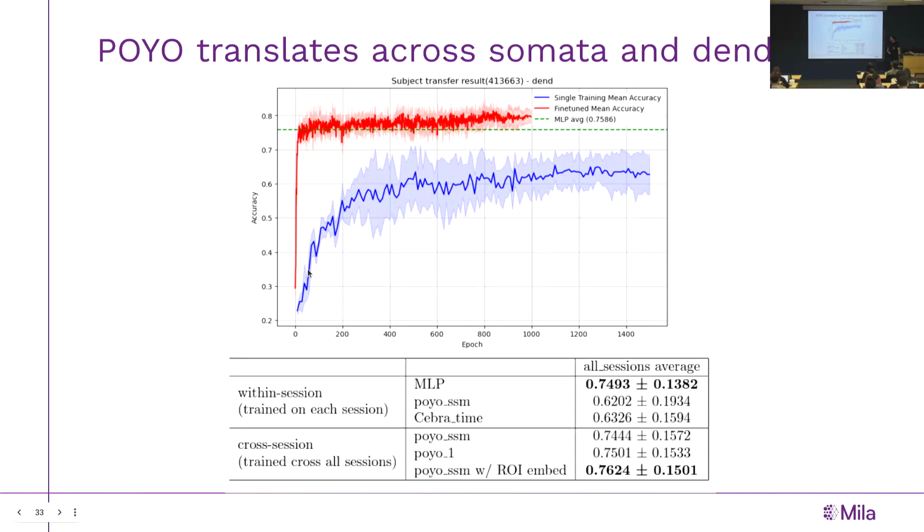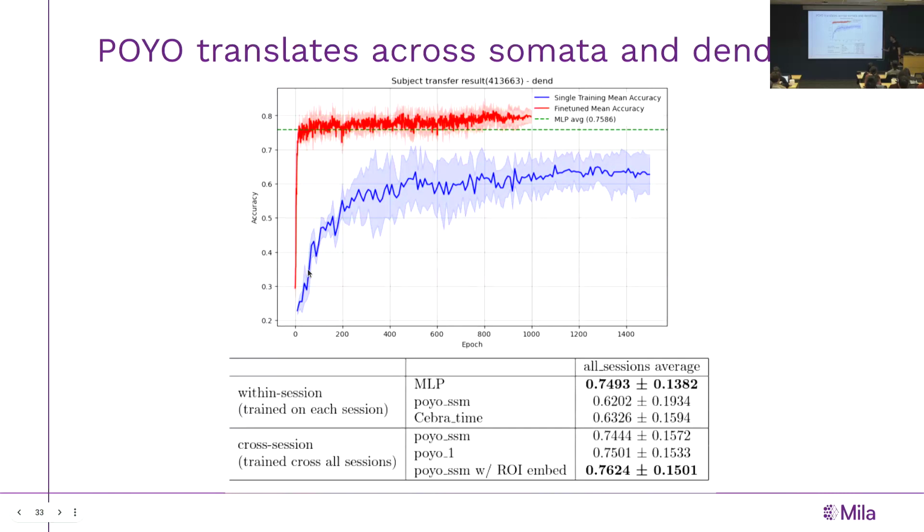This is a sort of funny plot, but I'll break this down very briefly for you. One of the things we found with this data is that an MLP by itself could actually do pretty well on a single session. It was actually a pretty decent model.